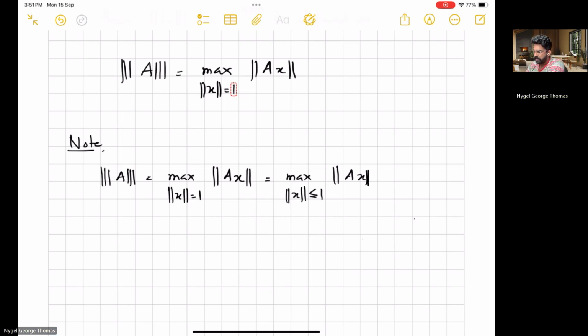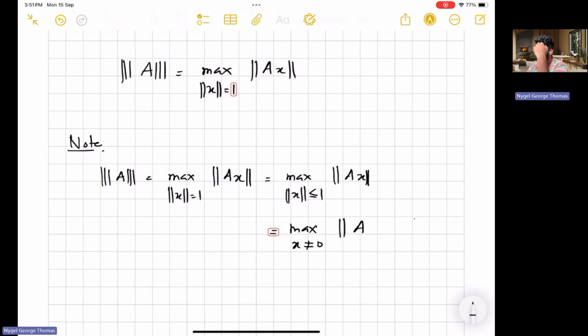Also, this is for the unit norm vector x. You can further modify this optimization problem by slightly modifying the cost function.